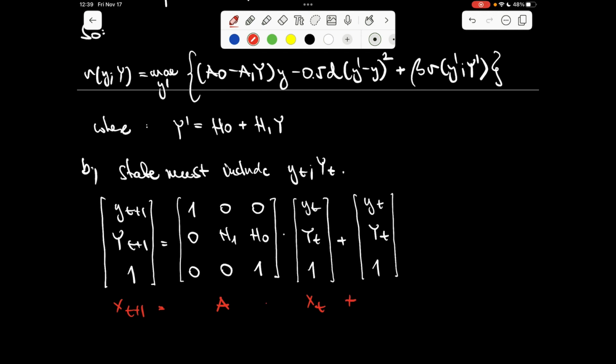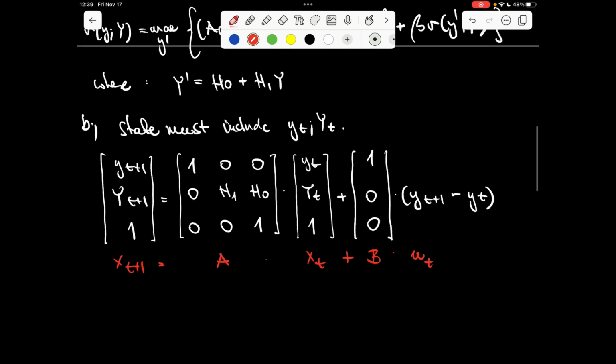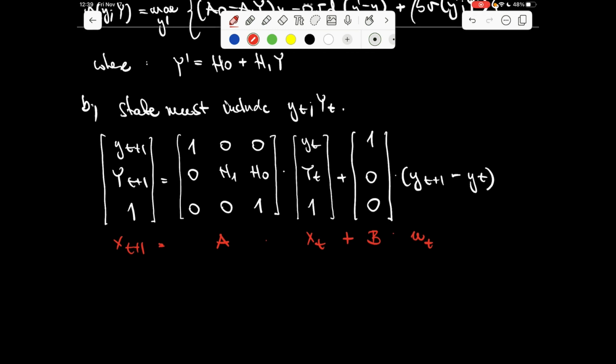Oh geez, I'm confusing everything. Okay, so this is B, and this is the control variable in period t. This seems to be okay to me.